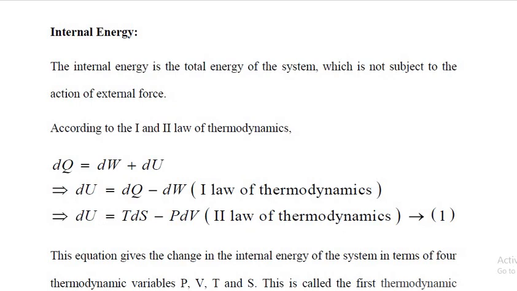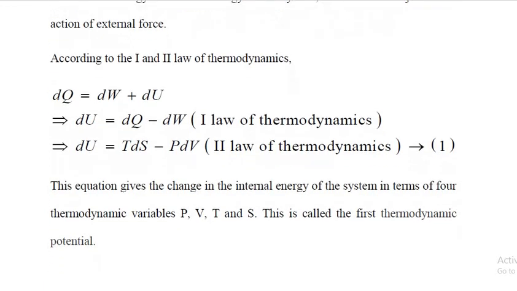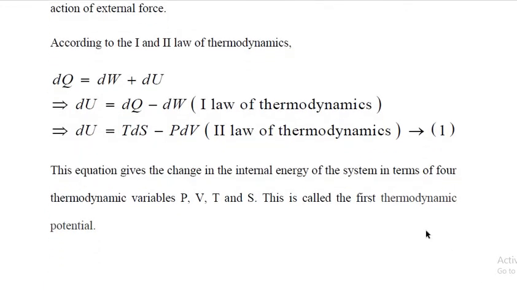This equation gives the change in the internal energy of the system in terms of 4 thermodynamic variables: pressure, volume, temperature and entropy. S is entropy. Entropy is the disorder of the system. And this is called the first thermodynamic potential. So internal energy is the first thermodynamic potential.